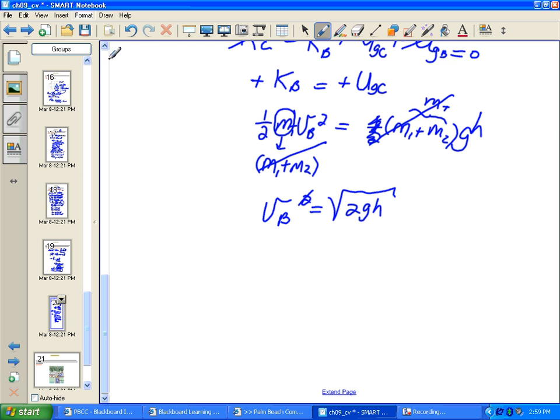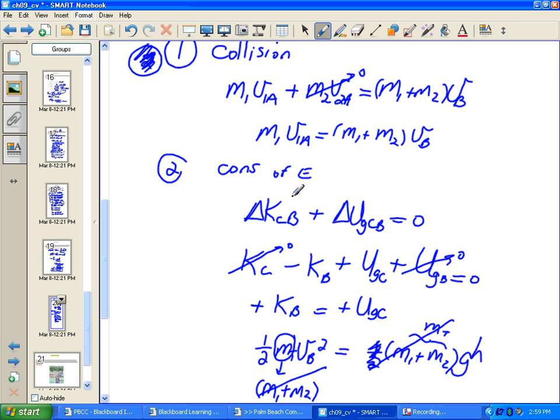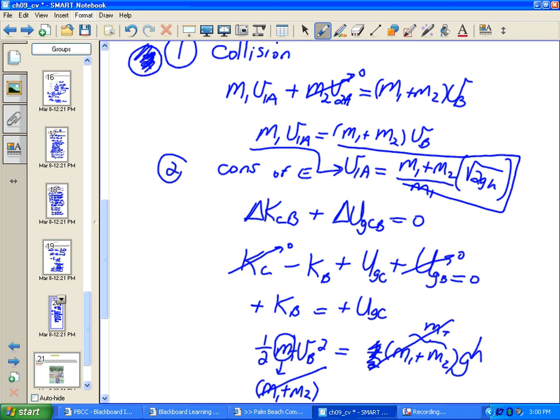Now, let's come back over here where we had used conservation of momentum and substitute square root of 2gh for V_B, yielding a value of V_1A equals (M1 plus M2) divided by M1, and instead of writing V_B, we write square root of 2gh. And voila, we are finished.